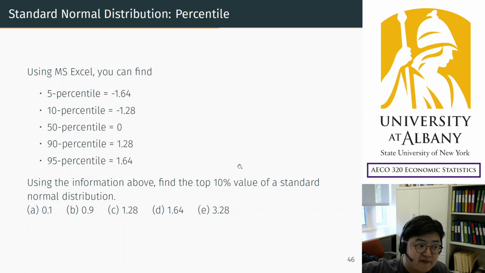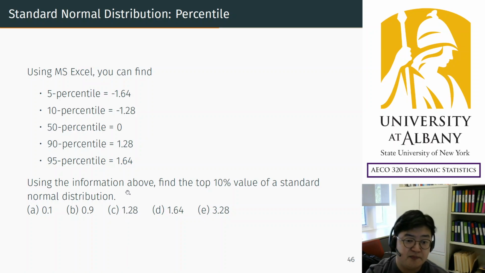If you count from the top, what is the 10% value? Pretty simple. So top 10% value means 10% from the top means 90% from the bottom. So the answer is 1.28.